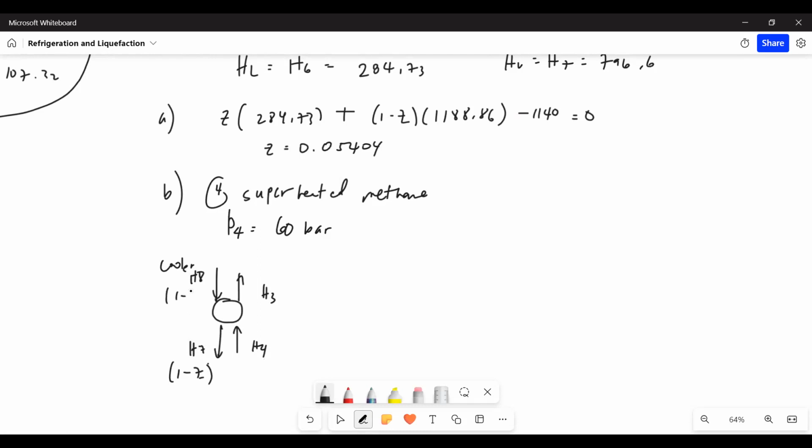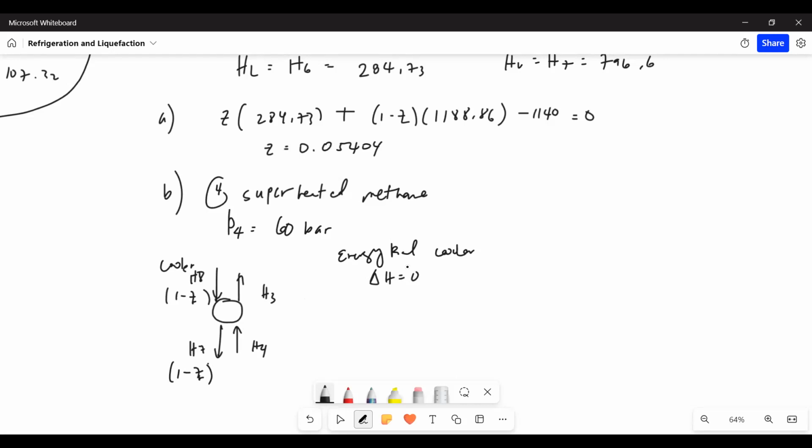So these are the flows entering and exiting the cooler. If we make an energy balance around the cooler, delta H is 0.